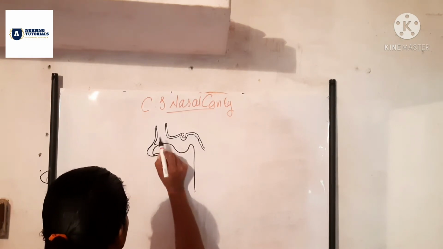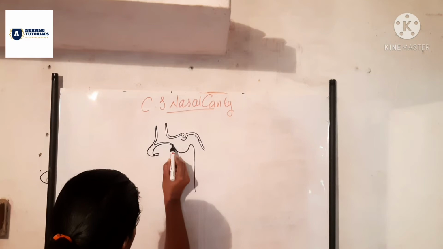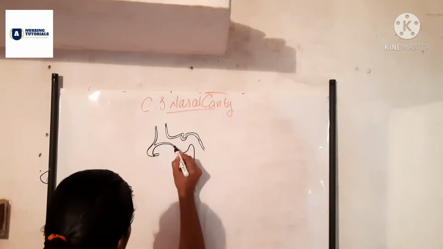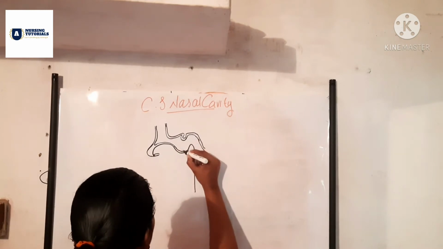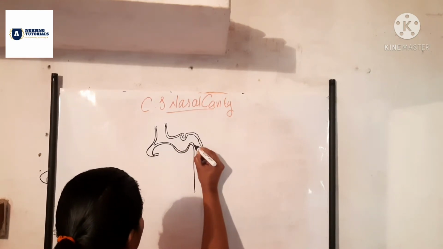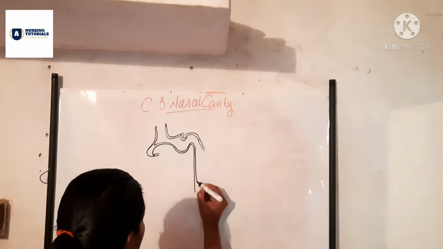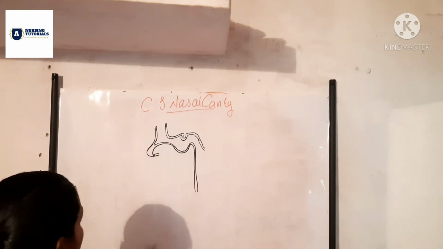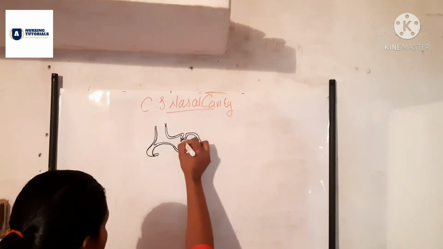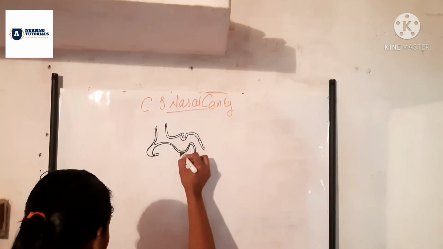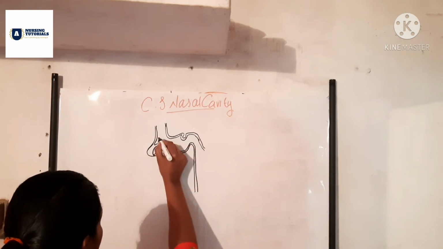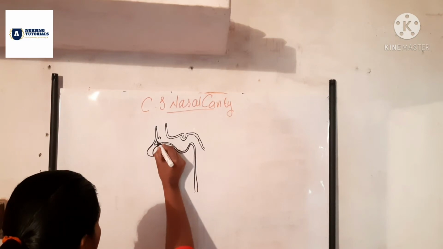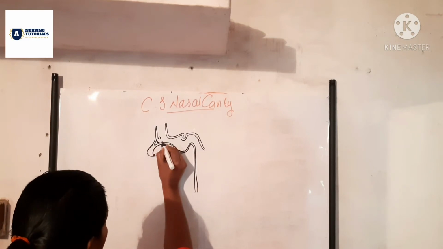So once again the same. This is the sella turcica, and just below the sella turcica we have to make a curve, and there is a cavity that is known as the frontal sinuses.